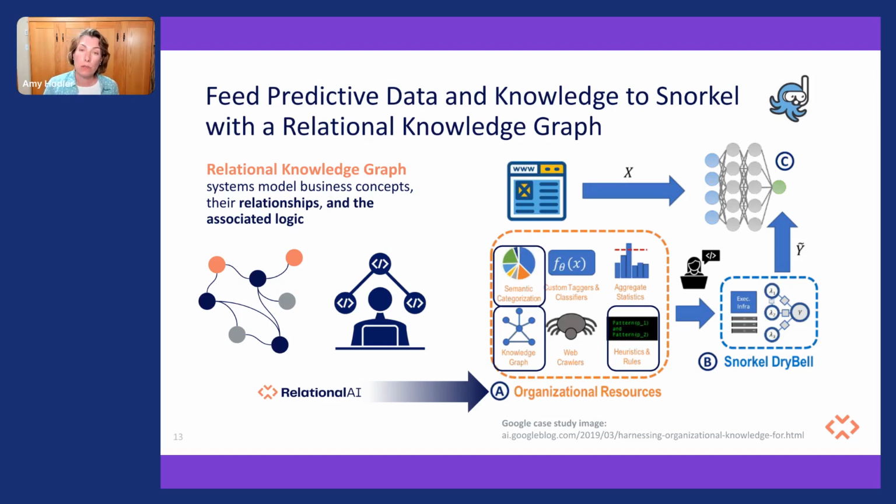They were using a knowledge graph for organizational information and organizational resources. But if you add in a relational knowledge graph, you can not only grab those relationships and the dependencies, but because of the logic, you can also add in heuristics, business rules, business logic, as well as semantic information.